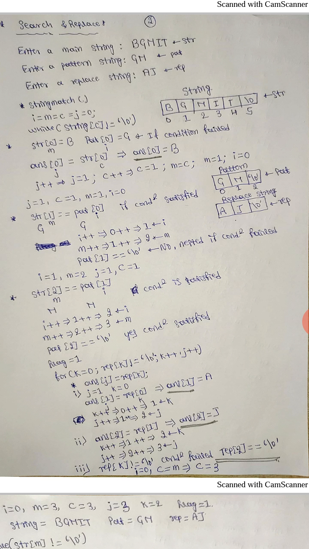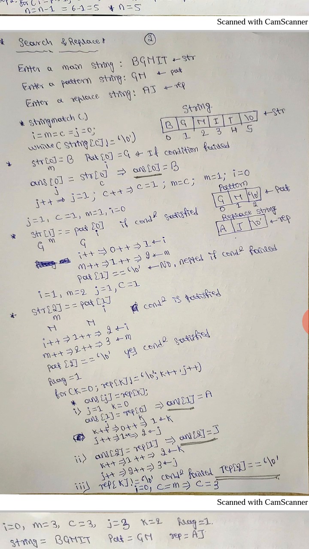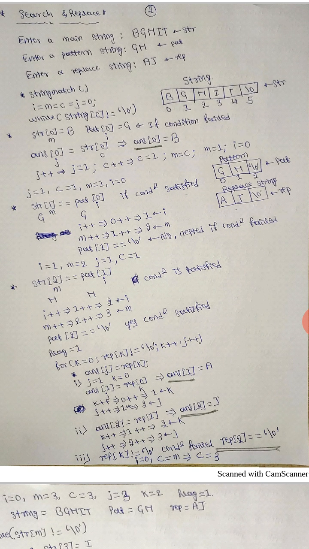And suppose it matches the first character, then consecutively we will take the next character from the pattern, and immediately in your main string also that next character should be present.